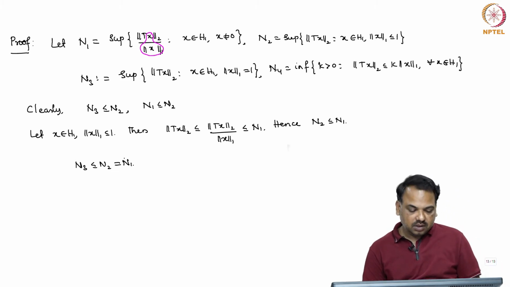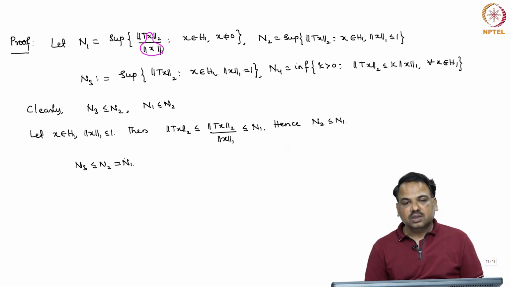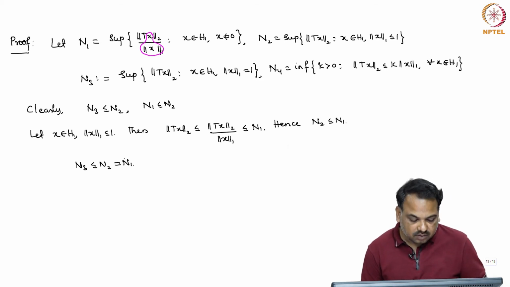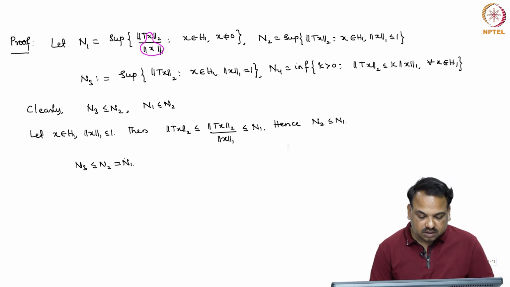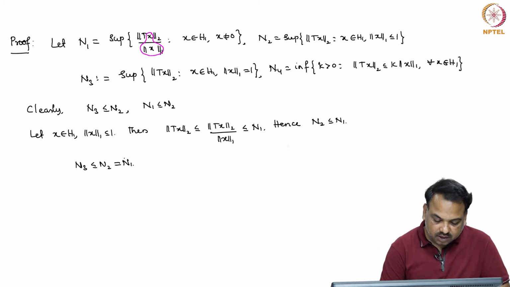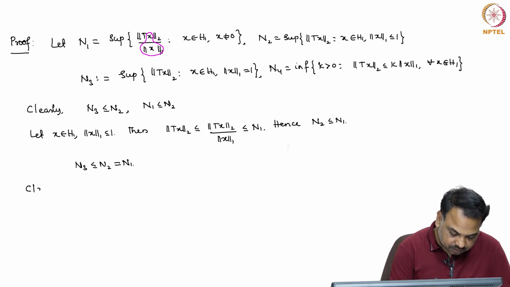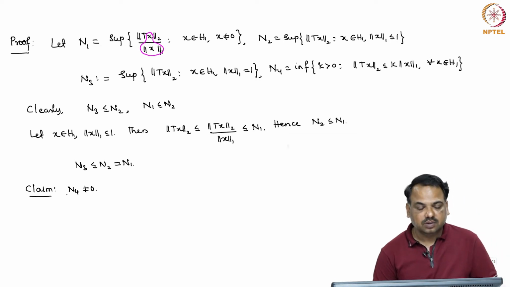Now, we want to show that all these quantities are equal. So, we also look at N4 and other quantities. First we claim that N4 is non-zero.